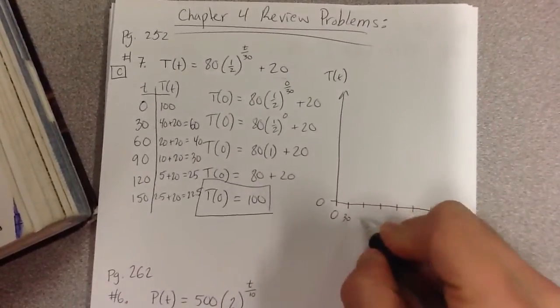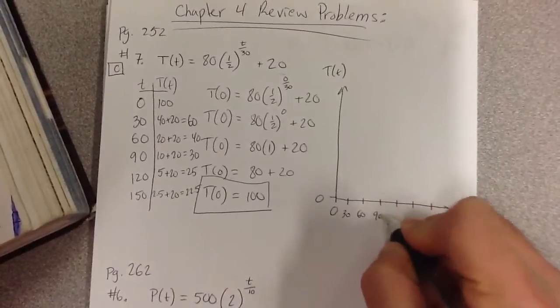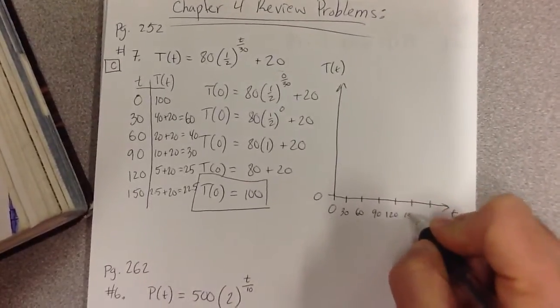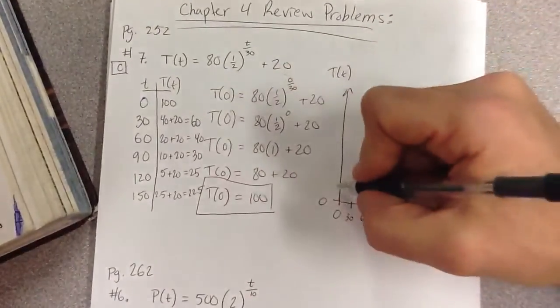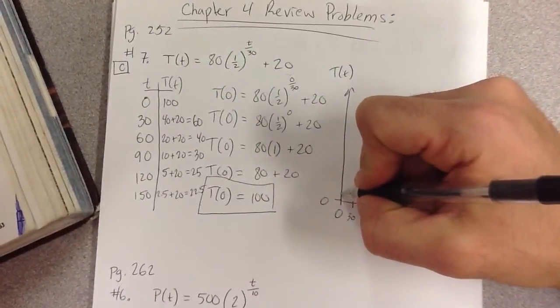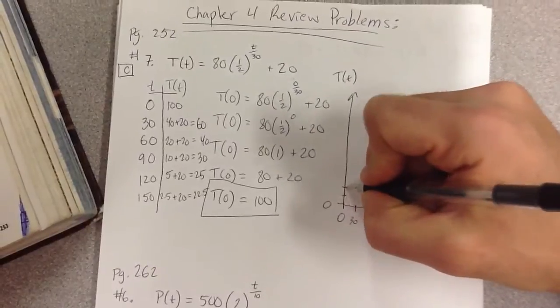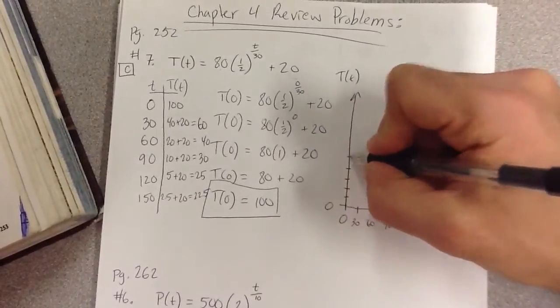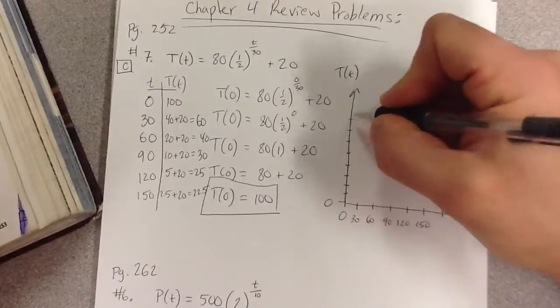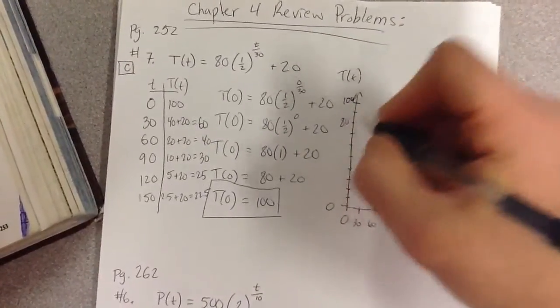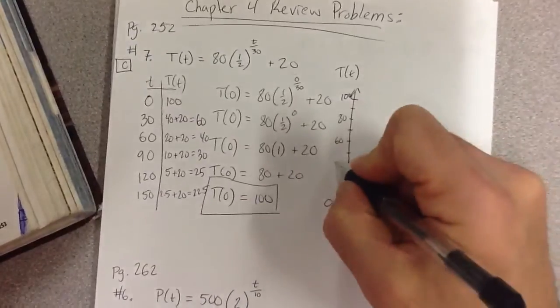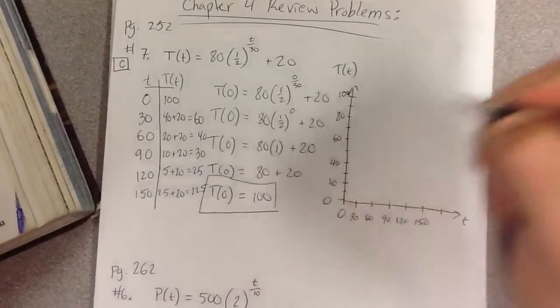So these are going up by 30s. And then this can go up by, well, you know that you have to get up to 100. So maybe you want to go up by 20s or 10s. Okay, so 10, 20, 30, 40, 50, 60, 70, 80, 90, 100. Okay, so I've gone up by increments of 10.